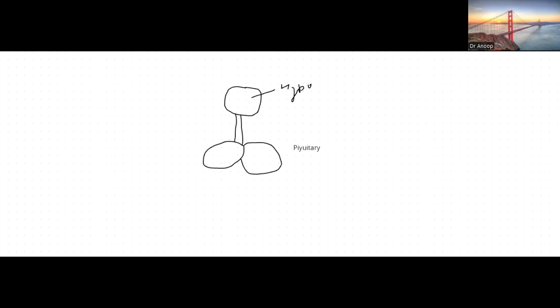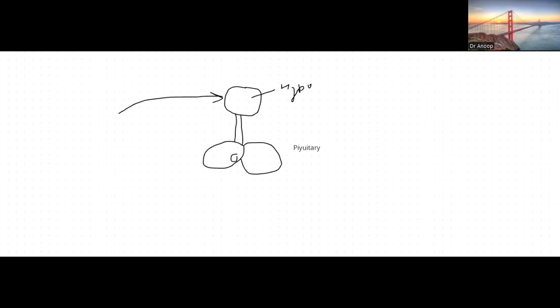Whenever there is a signal, it goes to the hypothalamus. For example, your thyroid hormone level is decreased, hypothyroidism. The signal goes to the brain, and the hypothalamus releases some hormone that stimulates the cells in the pituitary. The anterior and posterior pituitary have specialized cells.